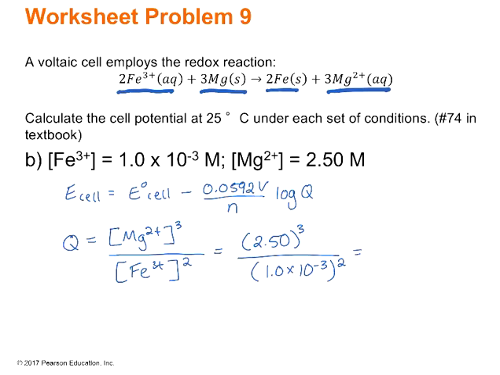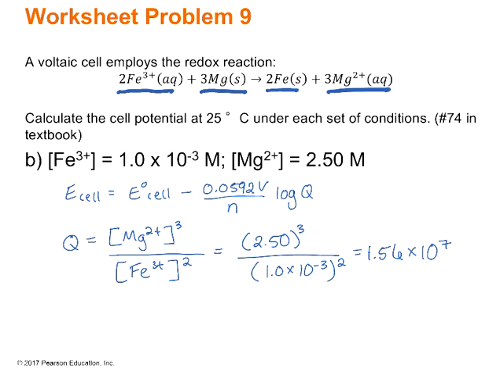So let me calculate this real quick. So we've got 2.5 to the third divided by 1 times 10 to the negative 3 squared. Whoa, I get a huge number. So I get 1.56 times 10 to the 7th.